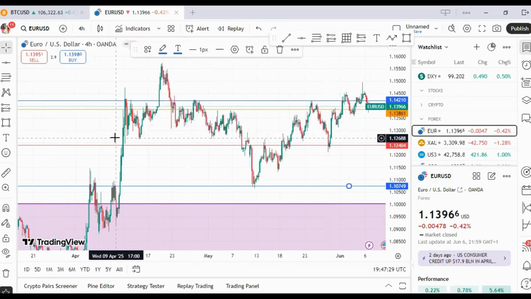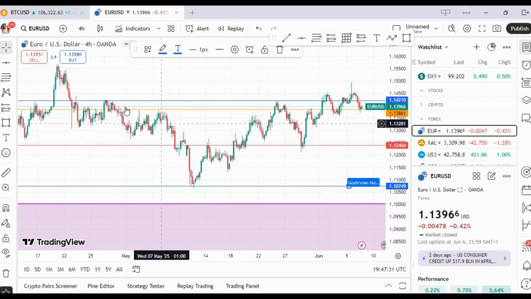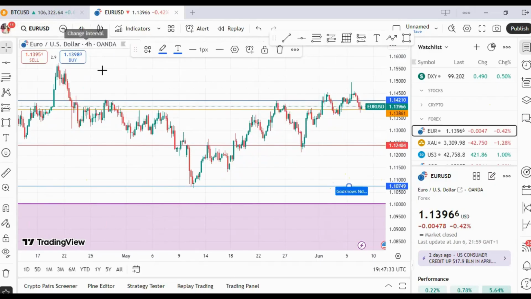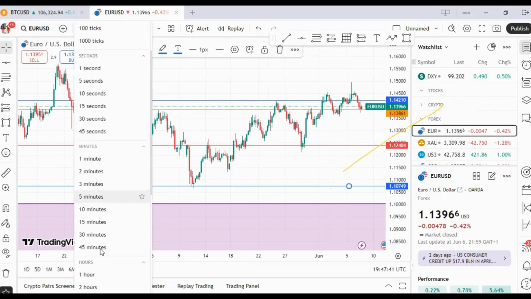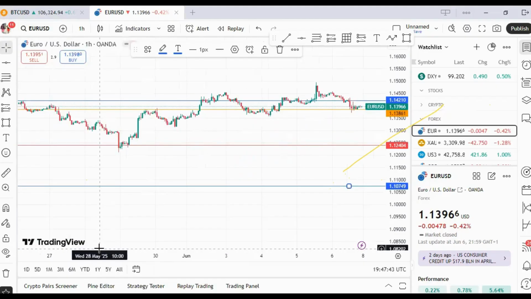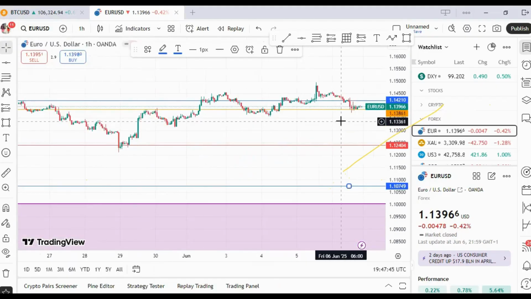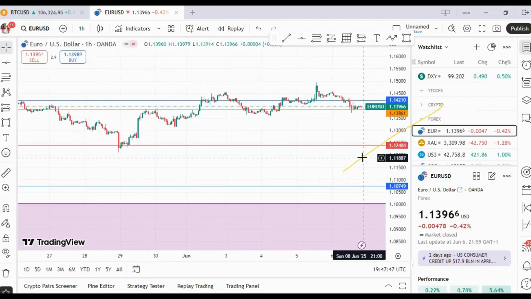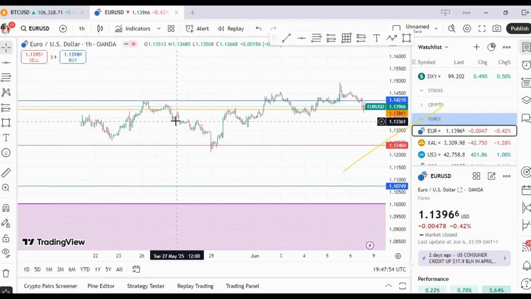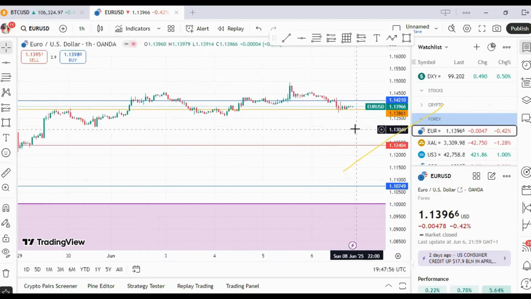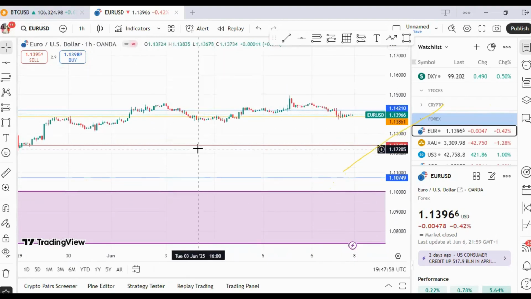All right, so let's move on. What's the next time frame? 1 hour. All right, 1 hour. On the hourly candle, I can't see anything to mark.